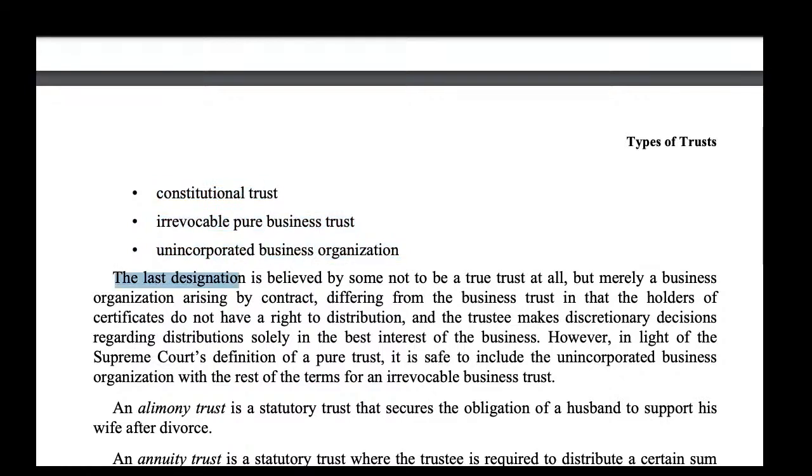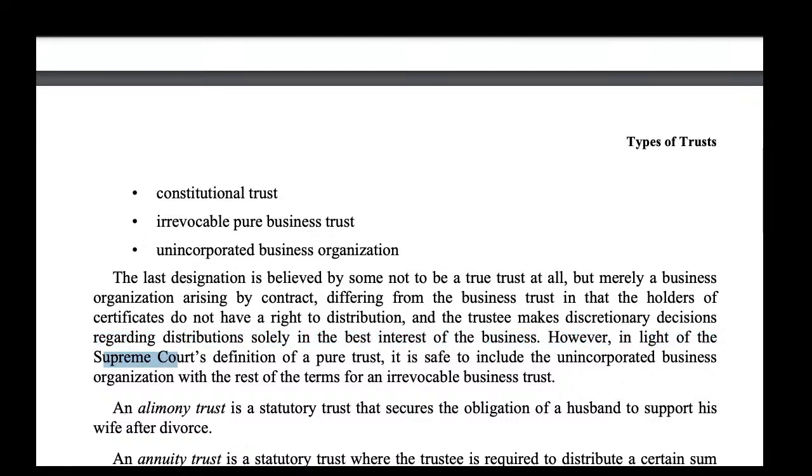The last designation is believed by some not to be a true trust at all, but merely a business organization arising by contract, differing from the business trust in that the holders of the certificates do not have a right to distribution, and the trustee makes discretionary decisions regarding distribution solely on the best interests of the business.